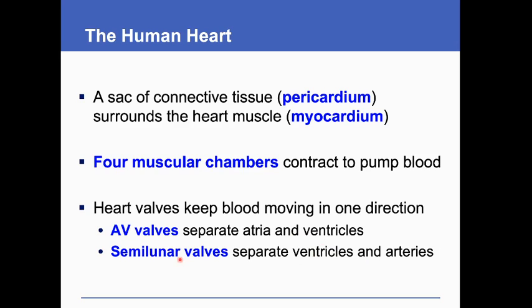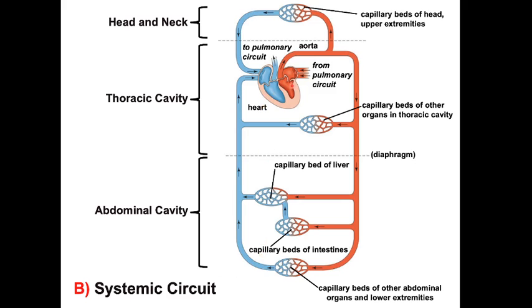In addition, let's keep talking about them. And the whole point of these is look how they're designed. When this chamber contracts, it's going to squirt blood in that direction. But when this chamber contracts, it doesn't want blood to squirt backwards into this atrium. When this ventricle contracts, it wants blood to go that way.